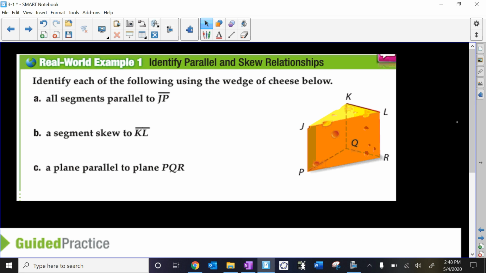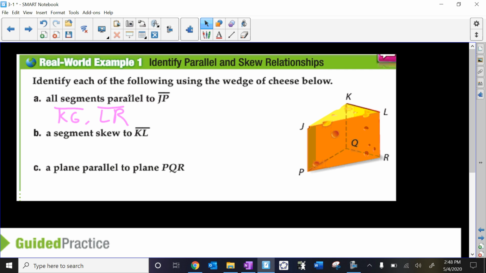Okay, so let's look at letter A on here. All segments parallel to JP. There are two more. One of them would be KG, and another one would be LR. Okay, letter B says a segment skew to KL. I'm actually going to name all of them.